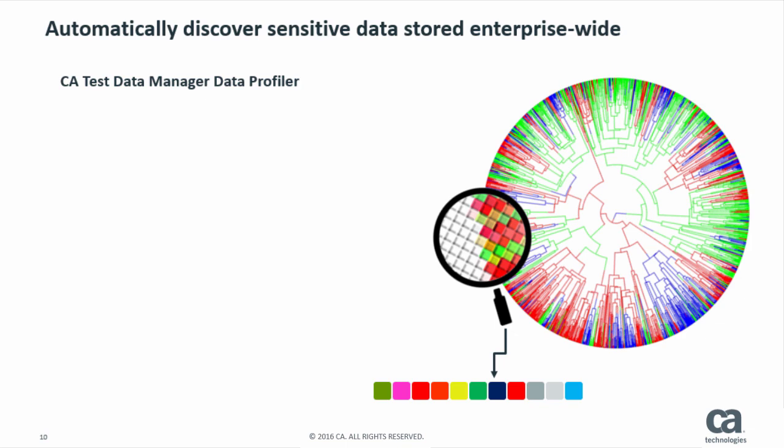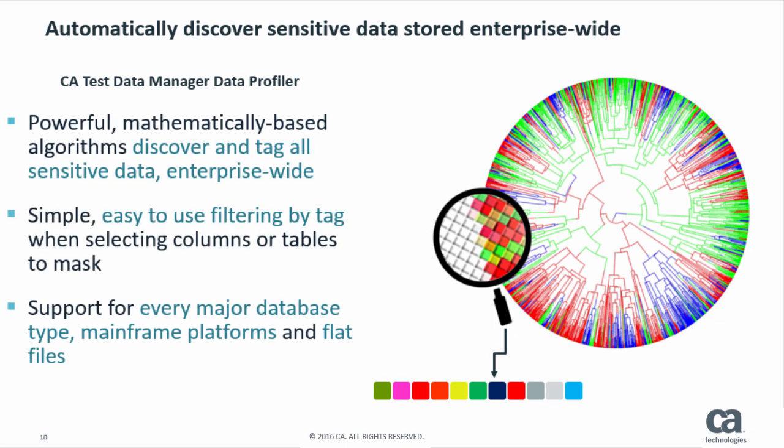Now, built into the tool are some powerful mathematic algorithms that allow you to discover and tag sensitive content. Things like this looks like a name, this looks like an address, it's maybe a social security number, it's a credit card number, etc.